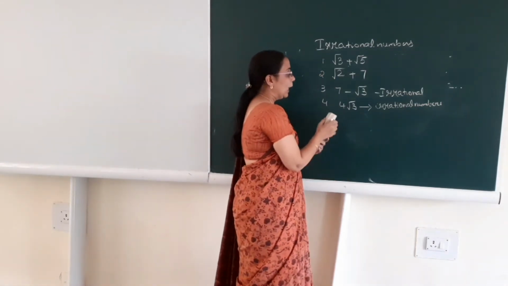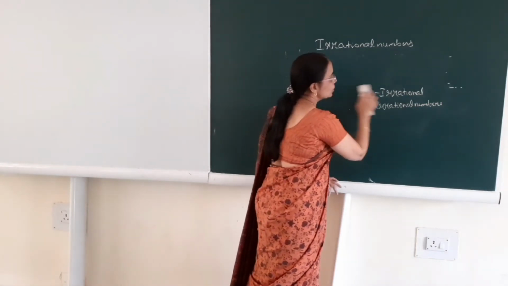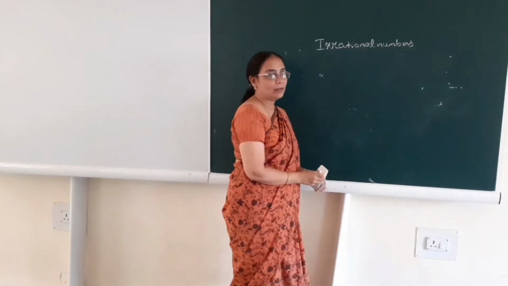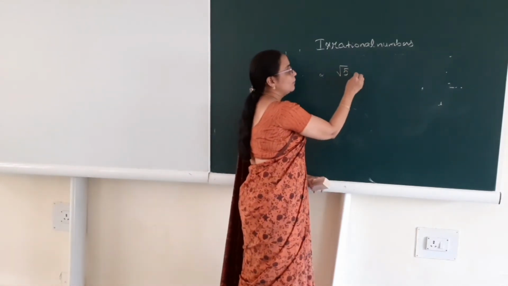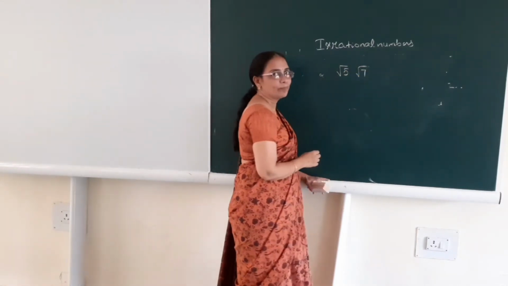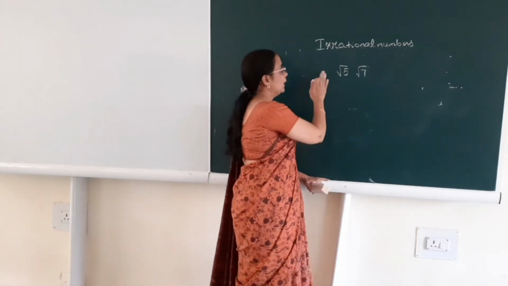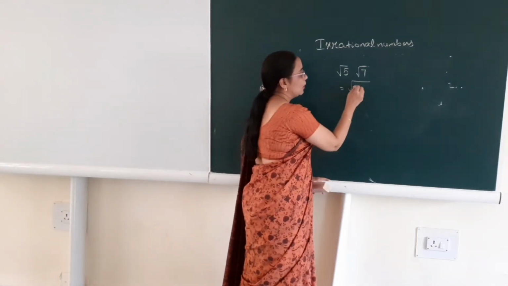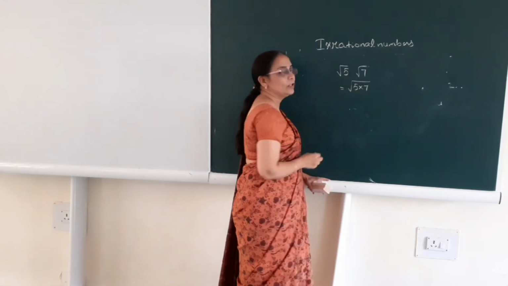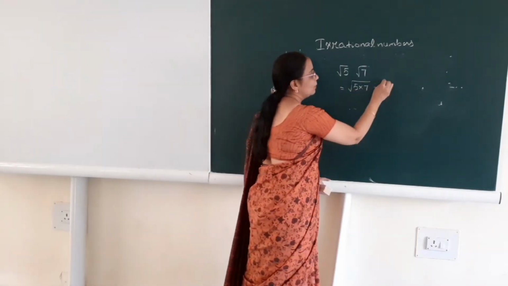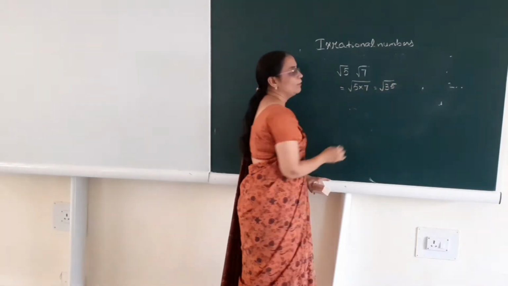And if two irrational numbers are multiplied with each other, that is root 5, root 7, then again you will get an irrational number, root 5 into 7, which can be said root 35.